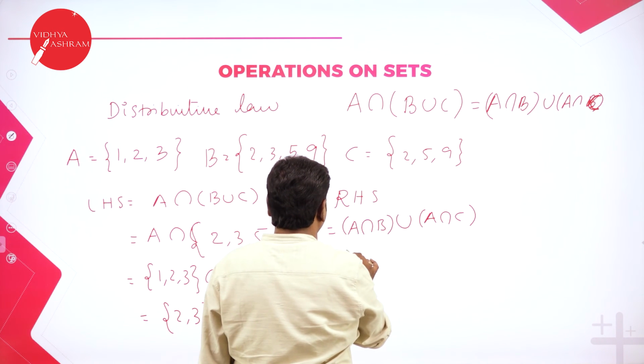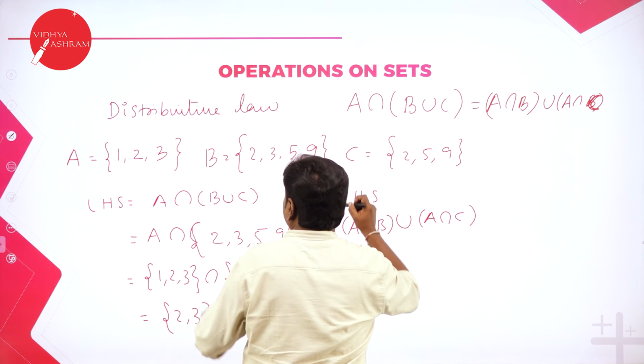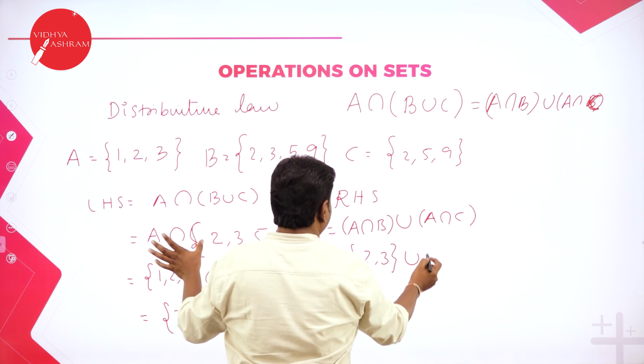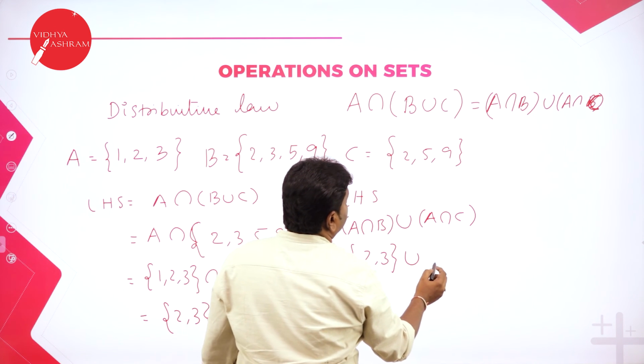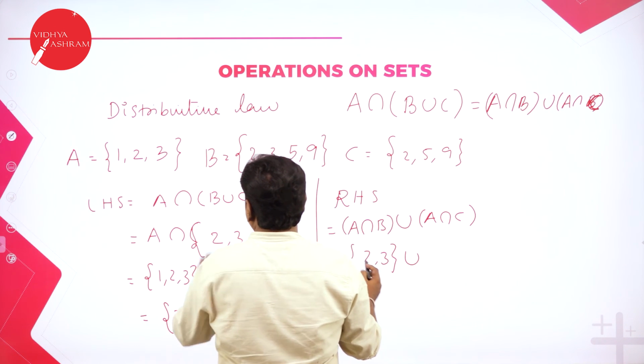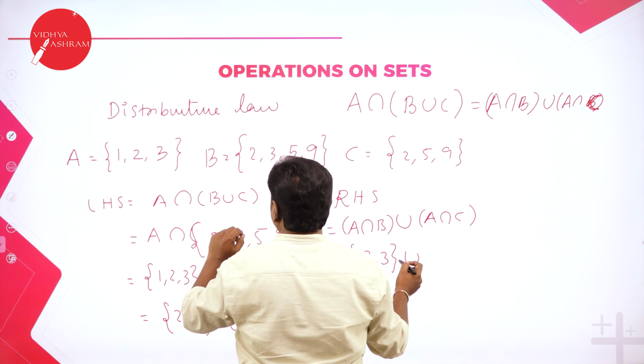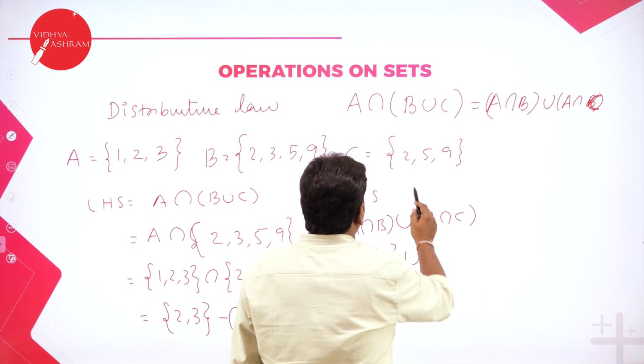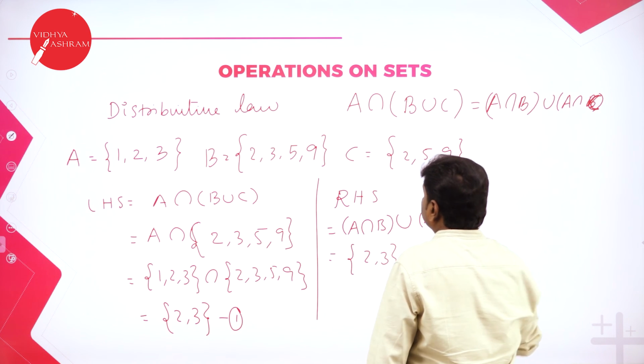A intersection B means common elements of A and B. What are the common elements of A and B? 2, 3. Union A intersection C.